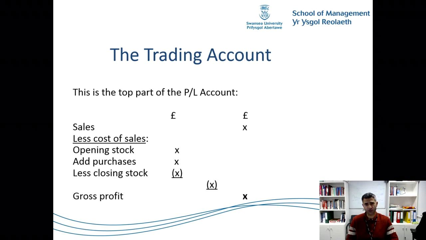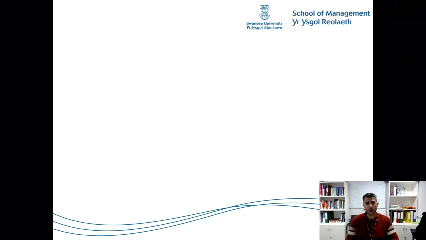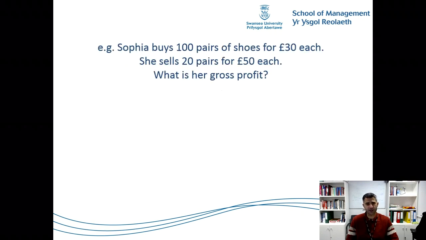Now, this template, or this trading account, we will apply in this example. Look at this. If Sophia buys 100 pairs of shoes for £30 each, and she sells 20 pairs for £50 each, so this is the selling price per unit, what is her gross profit?